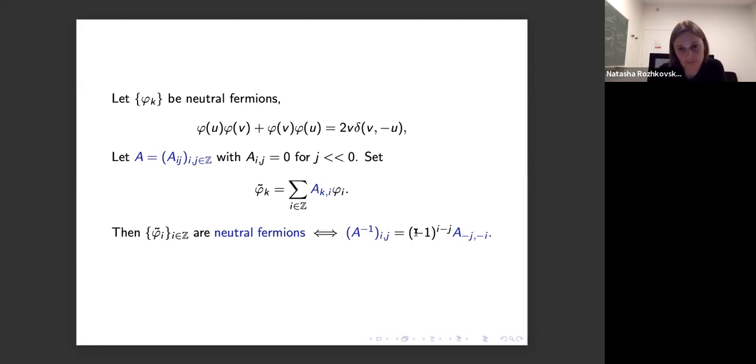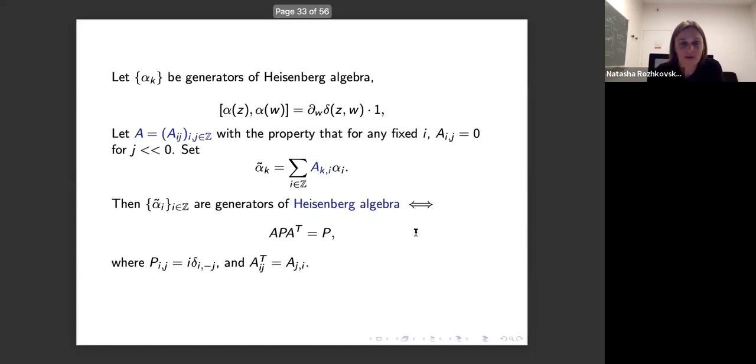For the Heisenberg algebra, where you have generators which satisfy this relation, if you transform it, then your matrix A must satisfy this kind of equation, where matrix P has some integer numbers on the second diagonal, and A with an honest transpose, so some kind of equation here.